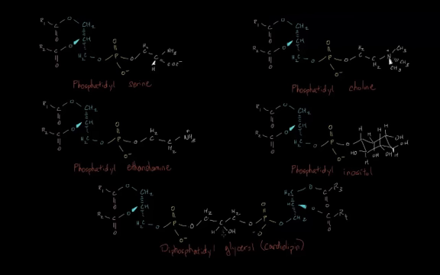Again, unless you're someone who really researches the cell membrane, you probably don't need to know these structures by heart. But what we do need to know is that the phospholipids in our cell membrane are very diverse, and there are several different forms they can take. If we were to look in detail at the phospholipids that make up our cell membrane, we would find all of these scattered throughout the membrane.